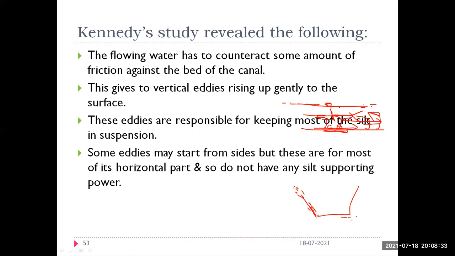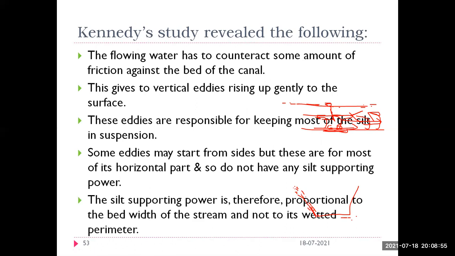Along with the bed, eddies formation also occurs on the sides of the channel, but these are mostly from the horizontal part. Usually the eddies form on the horizontal surface.